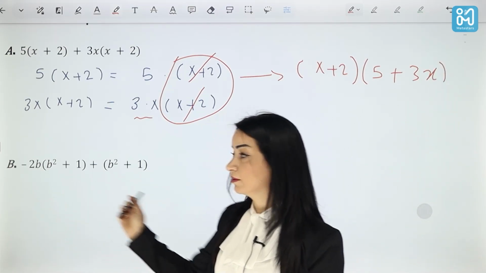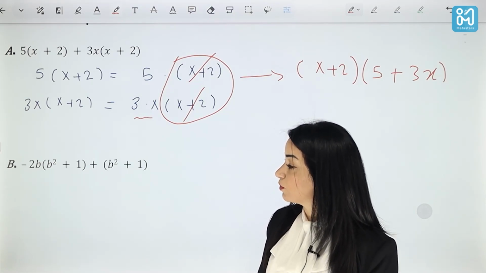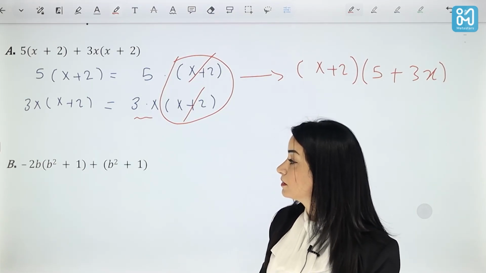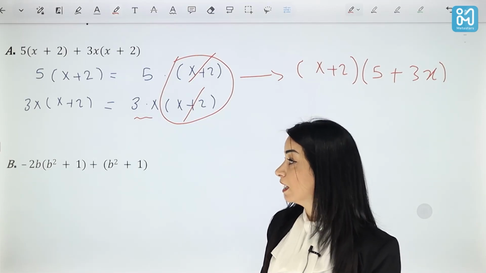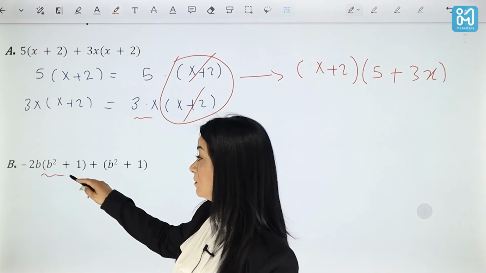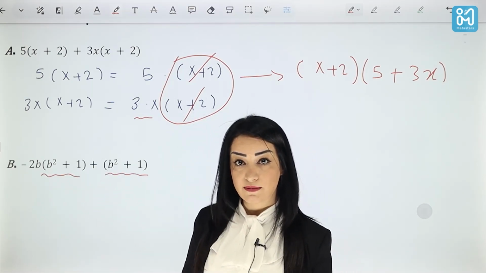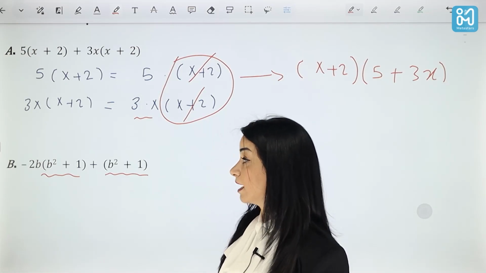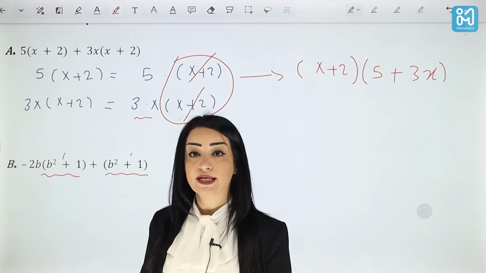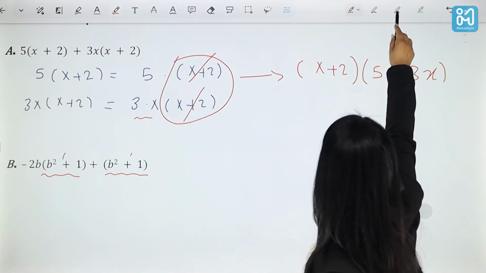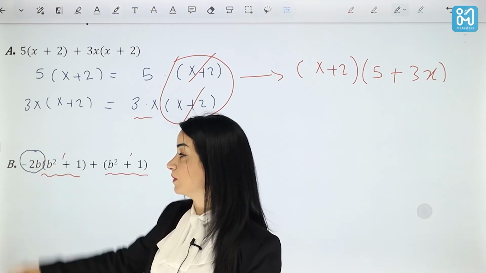Let's do the same for this one. Negative 2b times b squared plus 1, plus b squared plus 1. So what do we have as a common factor? I have b squared plus 1 and b squared plus 1, so I can take it out as a common factor. What I write together here is negative 2b.